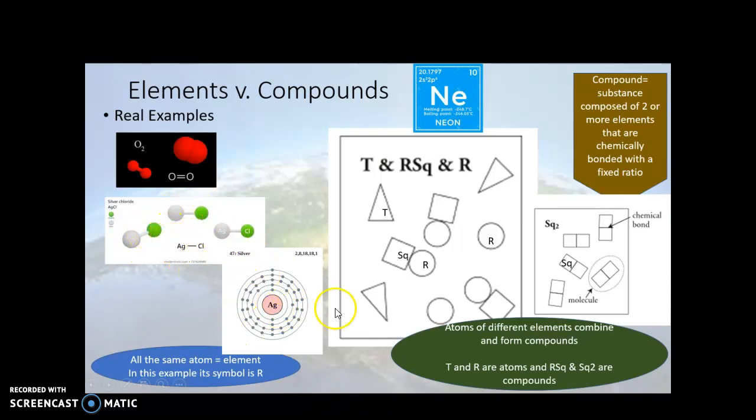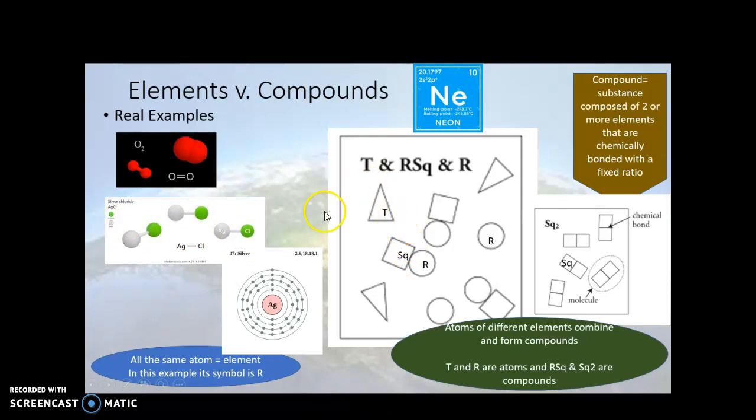That's different than just silver by itself, which would be an element. So here's a picture of silver. It has the symbol Ag. There's the silver atom, and here is a silver atom right there connected to a chloride atom. That's Cl.